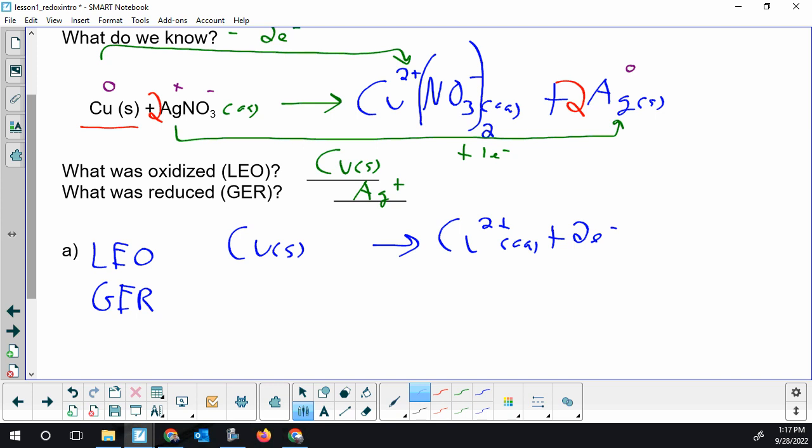Okay, there's my loss of electrons. What gained electrons? That's the silver. And we always write half reactions for the lowest possible coefficients. So 1 silver makes elemental silver.